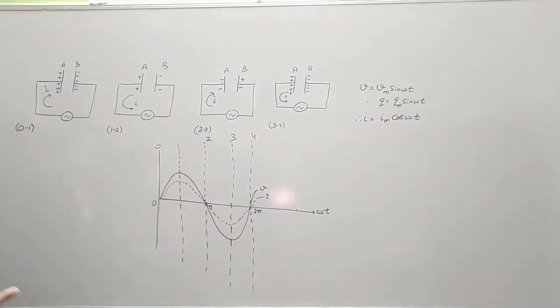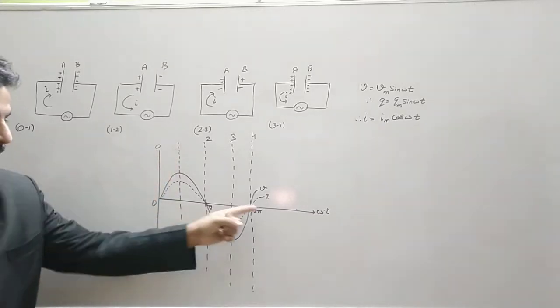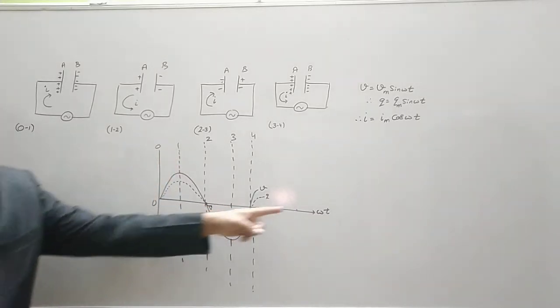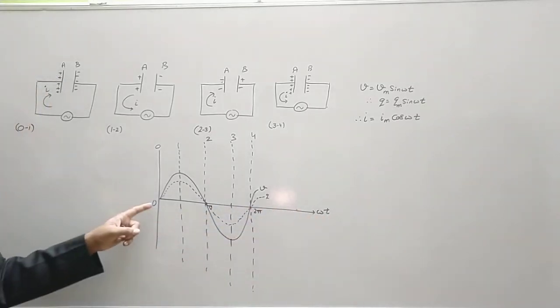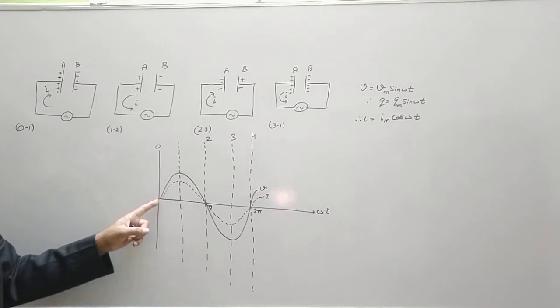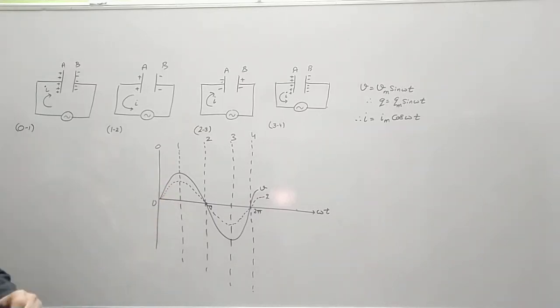If we talk about the region 0 to 1, as the time t increases, the charge also increases in this region. So the capacitor is charged.